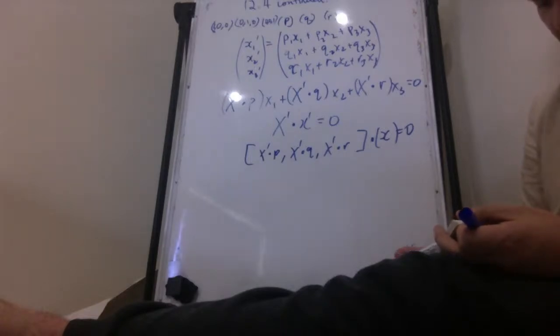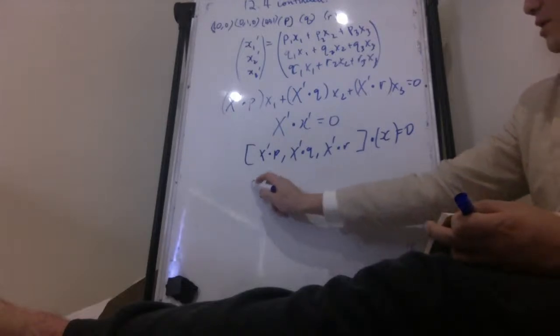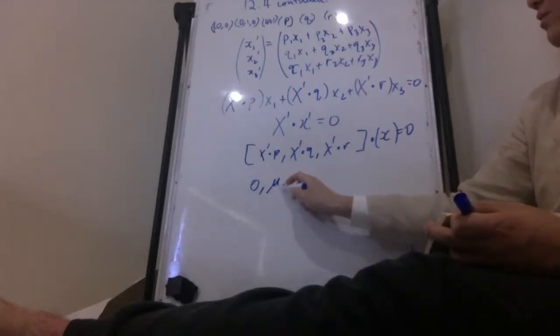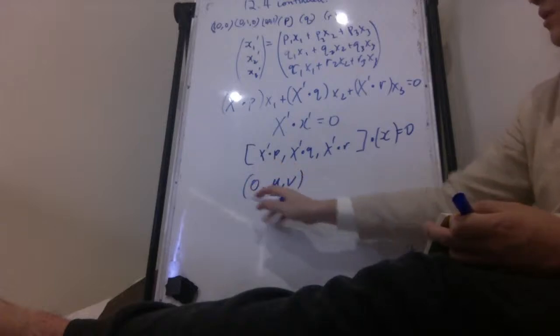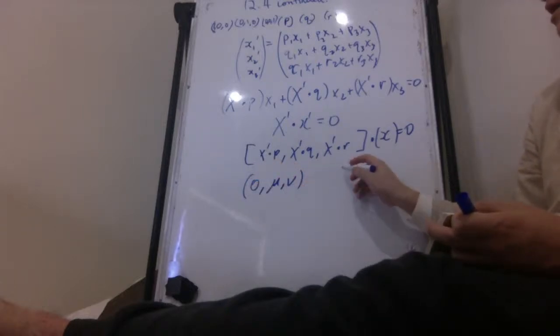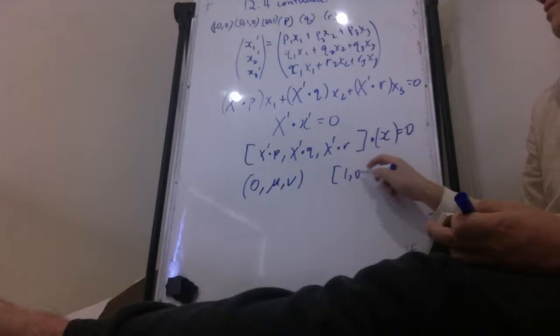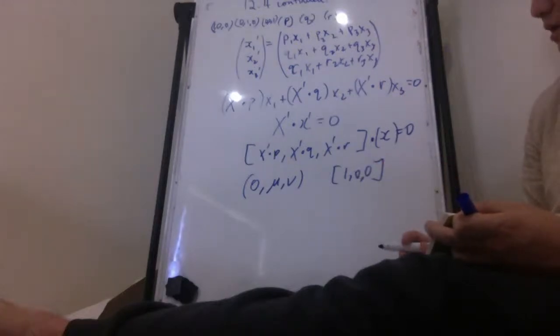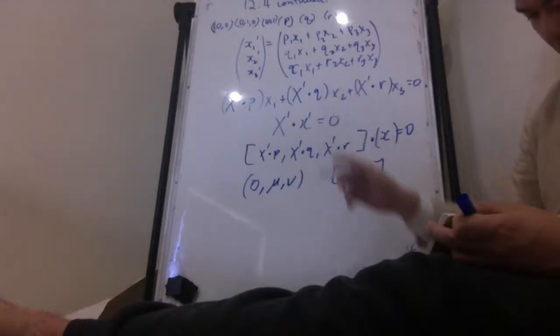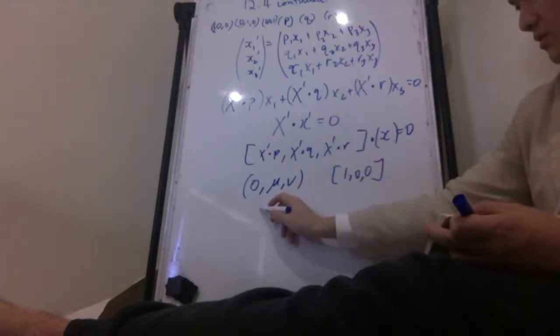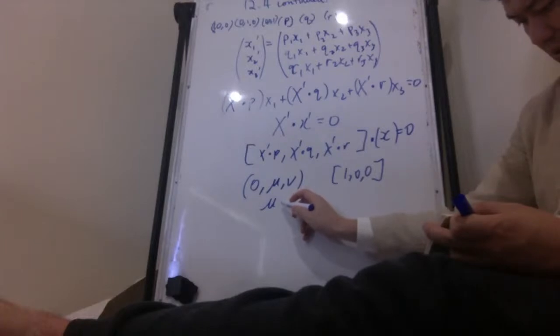So we basically had the point 0 mu, which is not just a point, but a whole line of points, right? It's on the line 1, 0, 0. And then we transformed that by this correspondence to basically this set of points.